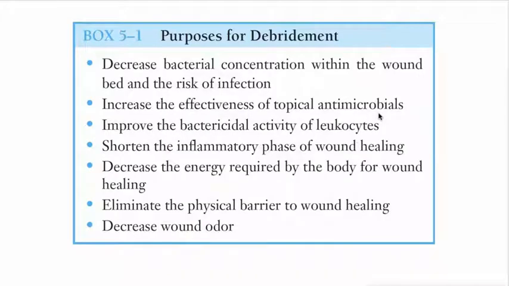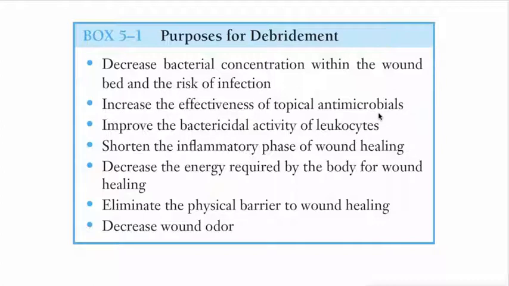So purposes of debridement: we need to decrease bacterial concentration within the wound bed and the risk of infection. We need to increase the effectiveness of topical antimicrobials and improve the bactericidal activity of leukocytes. We want to shorten the inflammatory phase of wound healing.